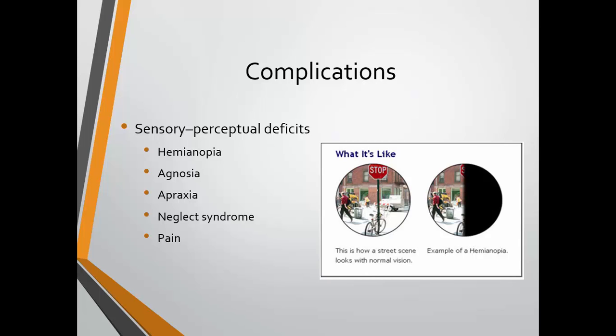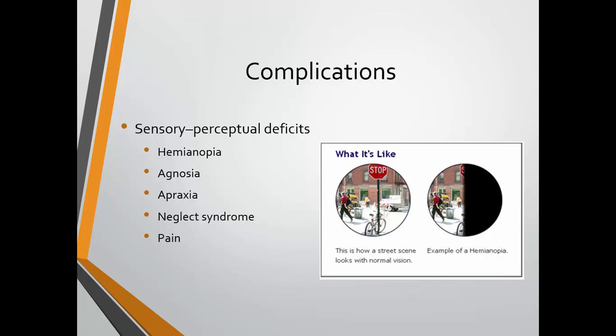Apraxia is the inability to carry out some motor pattern, like drawing a picture or getting dressed, even when the strength and coordination are adequate. Neglect syndrome, also called unilateral neglect, is basically they ignore the part of the body that doesn't work, and they just pretend like it's not even there.